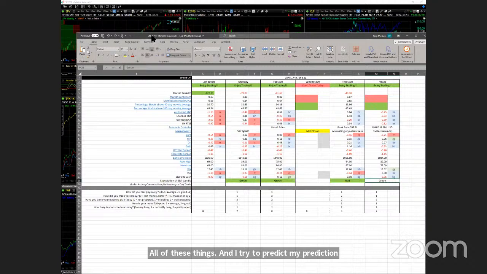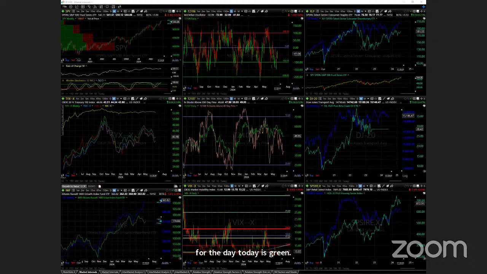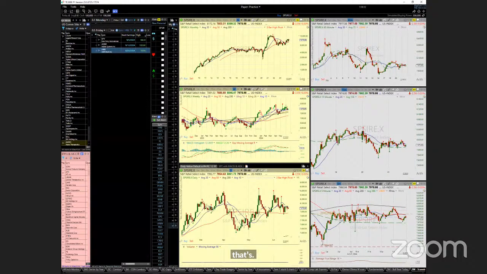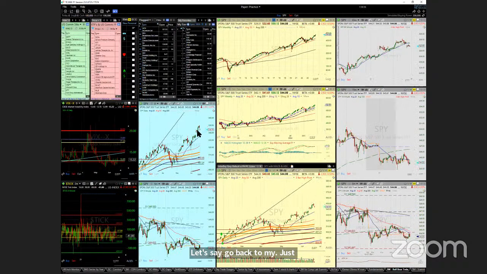It doesn't look like it will be coming through, but let's go back and just see what the market's doing. Yeah, it might be green today. Still could be green. So we'll see what happens. Predominantly VIX I use, CPC, CPCE, and breadth. Those are the ones I use quite a bit, all the time.